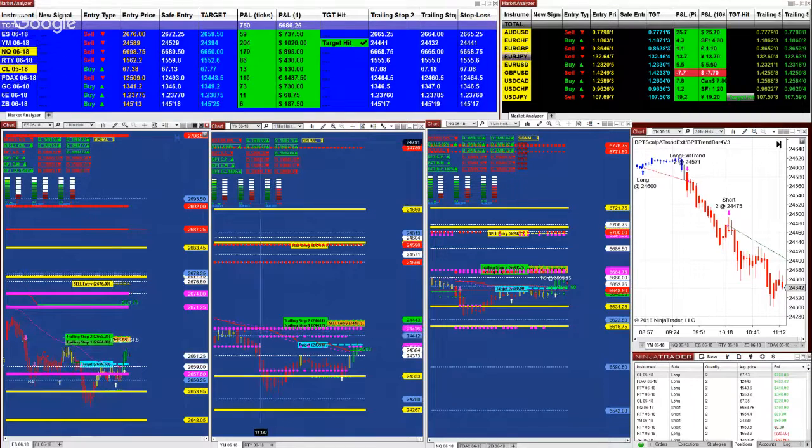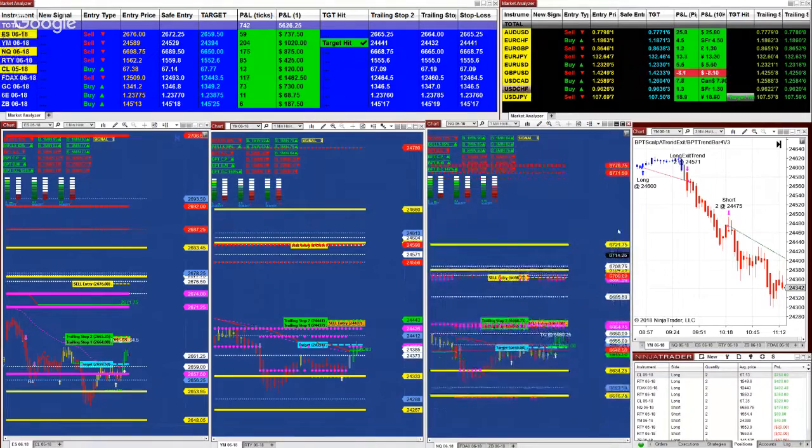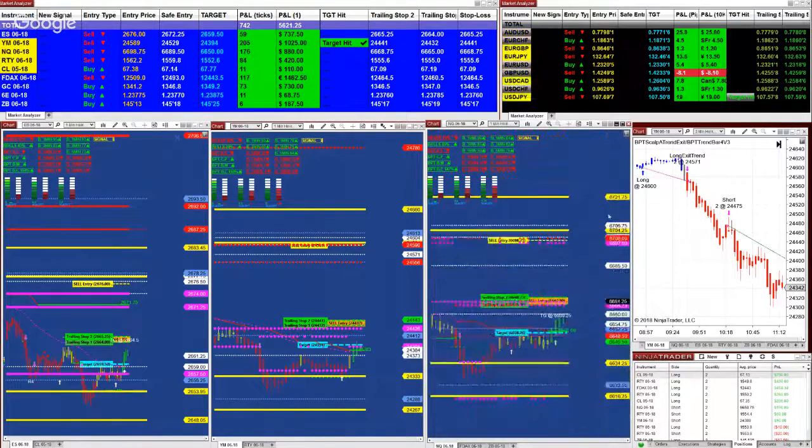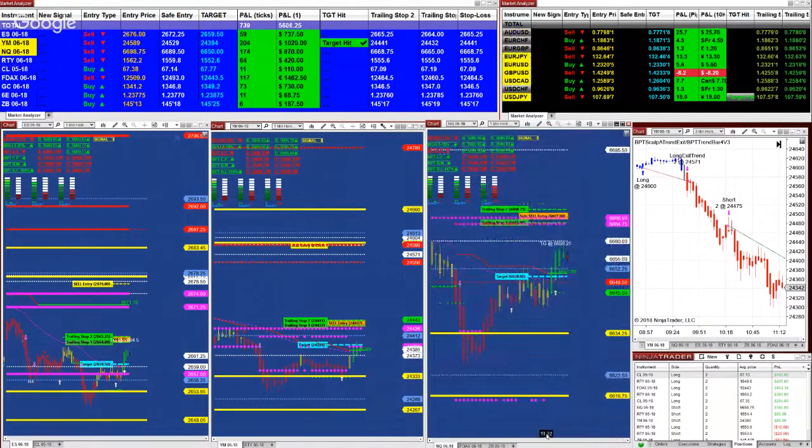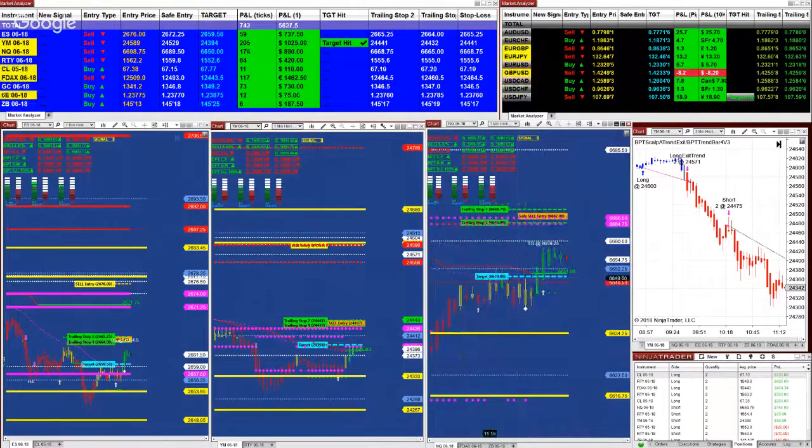The same story, we can see we hit the target long time ago on the YM and nothing happened afterwards. And then there are a lot of fib lines today, I'm sorry about that. So we can see where the target hit on the NASDAQ, went a little bit below, and now is going back again to the target.